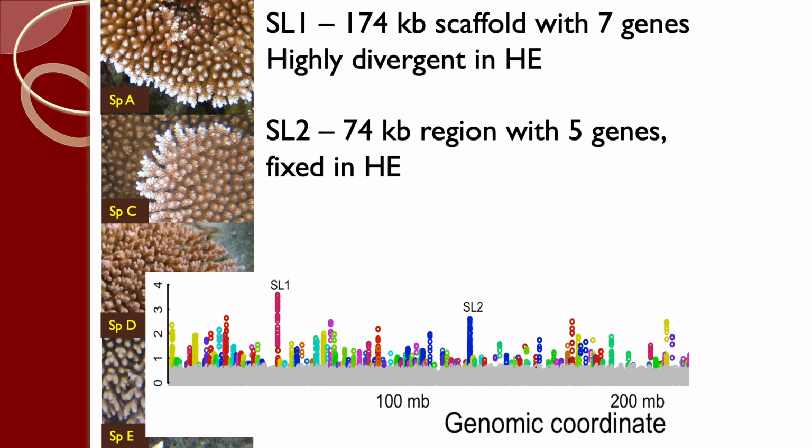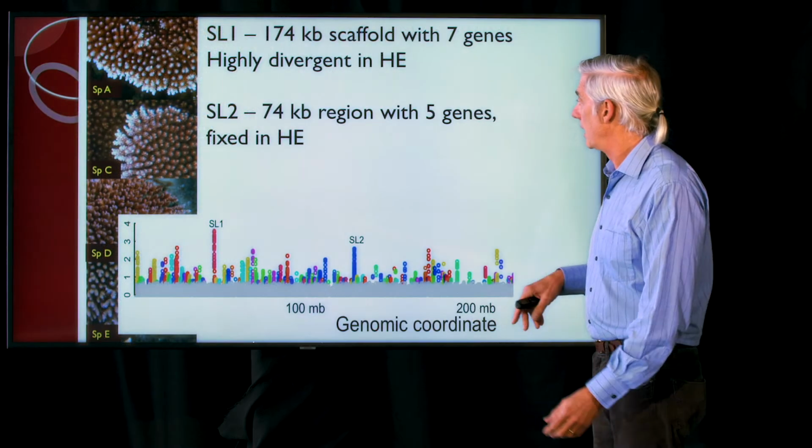It's only about 174 kilobases and has about 7 genes within it. It's highly divergent in HE. It's a little bit polymorphic, but the alleles in HE are very different than the alleles in that same 174 kilobase region in the other species.